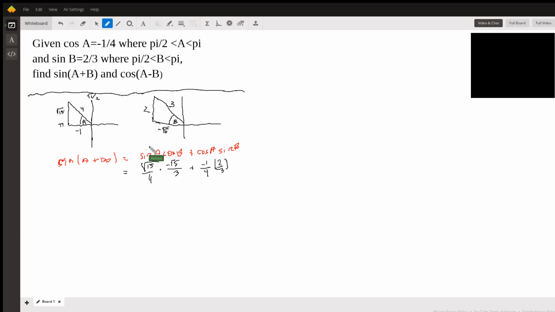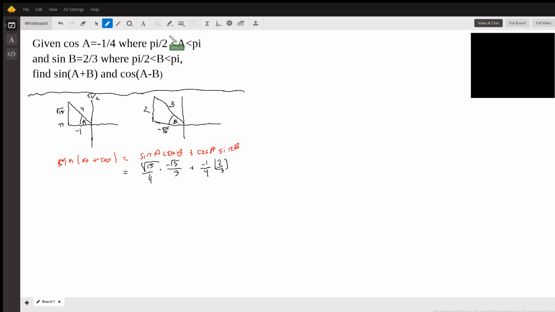So let's just double check it. Sine of A is opposite over hypotenuse. Cosine of B is adjacent over hypotenuse. Cosine of A is going to be adjacent over hypotenuse. Sine of B is going to be opposite over hypotenuse. So that all looks good.